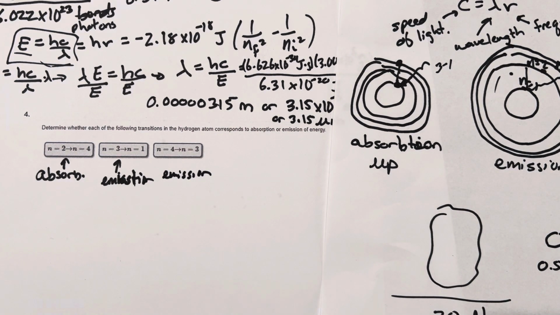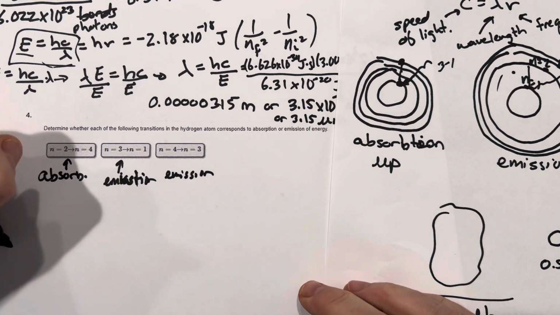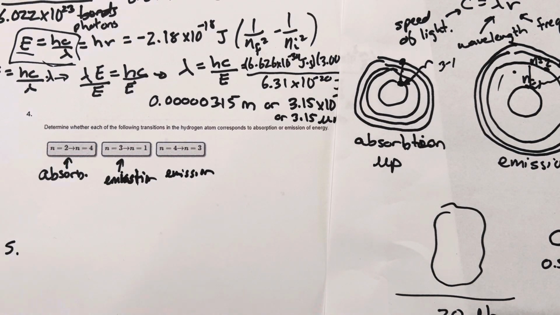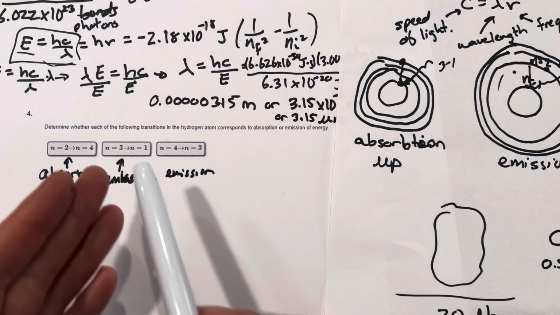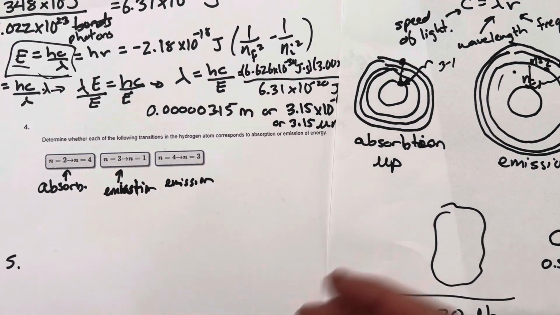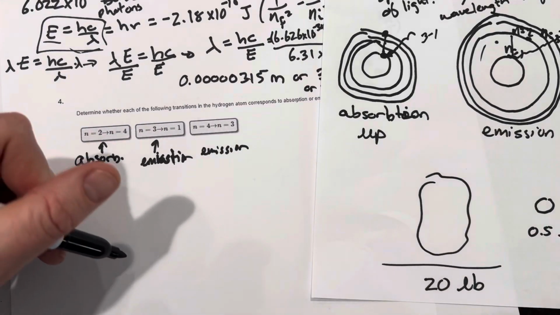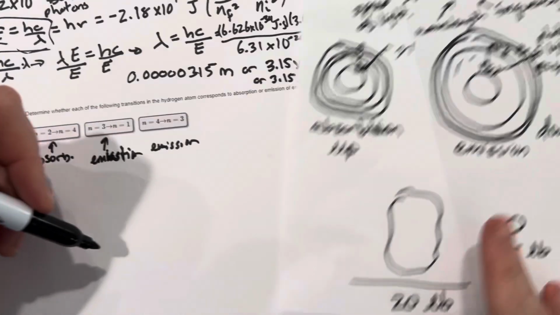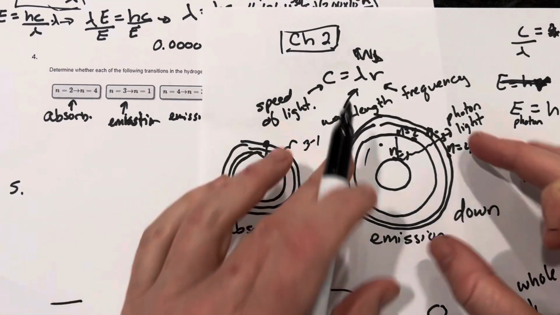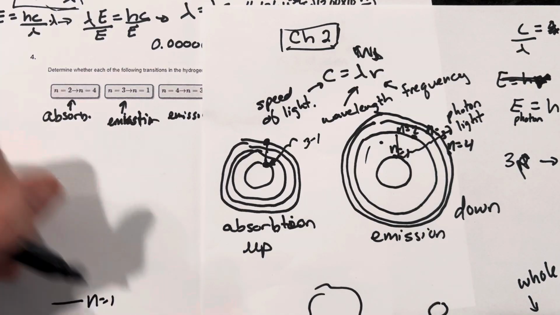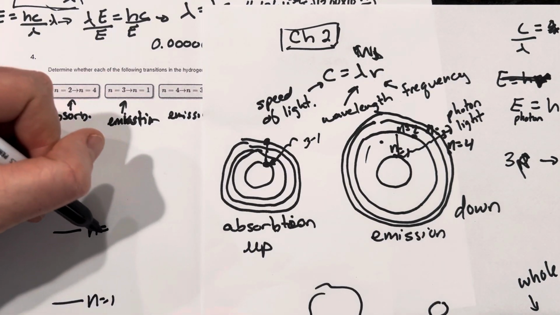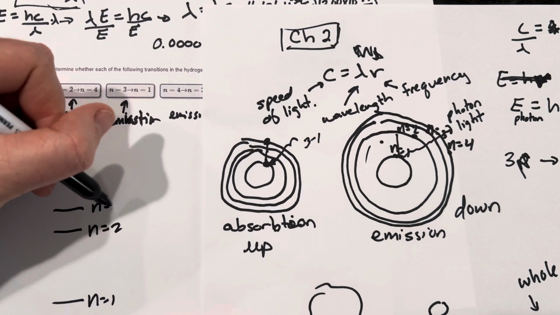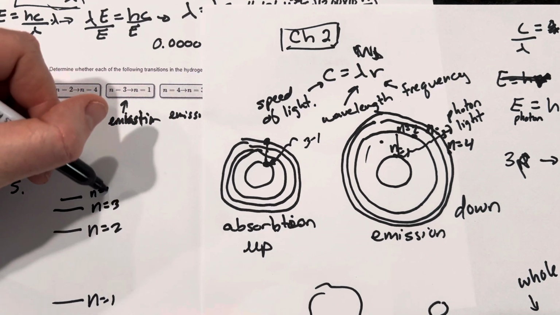All right. Now there was one more question on here, number 5. It was kind of moving things around, but it's based on this concept of knowing that when things go down, they emit light. The other thing I think it was wanting to make sure that you understood is that as your rings, remember the stair stepper is just another way of depicting this. If this is n equals 1, your n equals 2 is at a higher level, then 3, then 4, then 5.